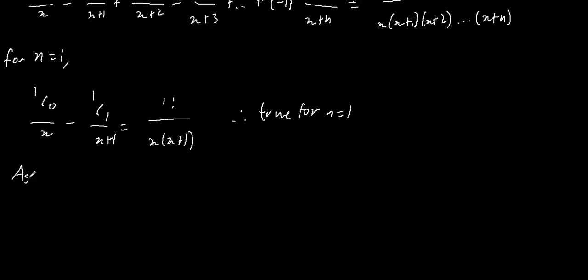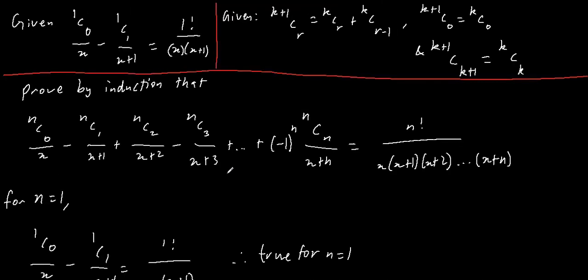Assume true. That's the second part. Assume true for n is equal to k. So wherever we have an n, we just substitute k.